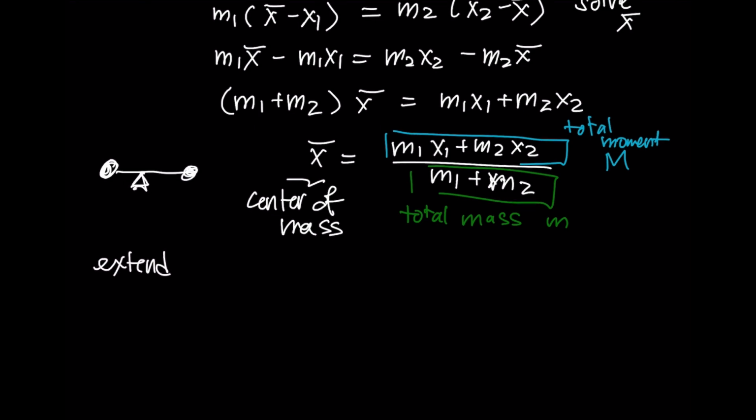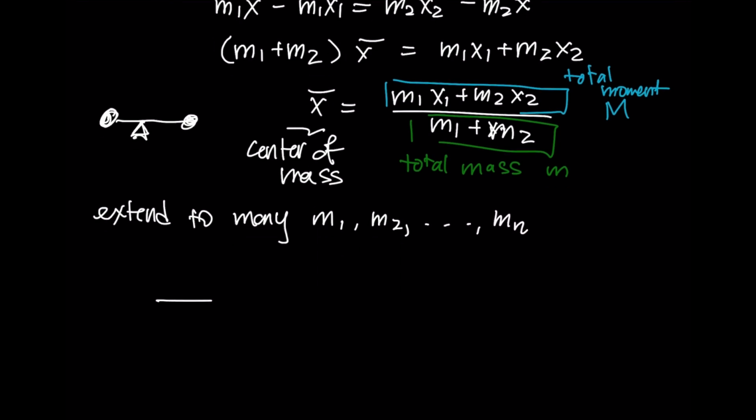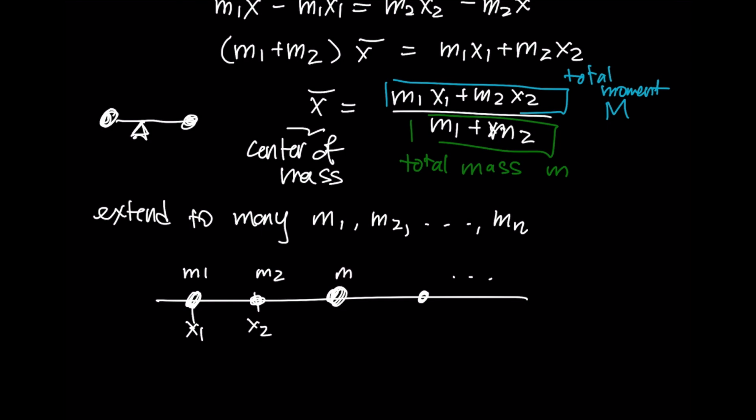Now we can extend this to many point masses, m1, m2, all the way down to mn. So if we have all of these point masses on a line, m1 that lives at location x1, m2 that lives at location x2, m3, location x3, so on and so forth.